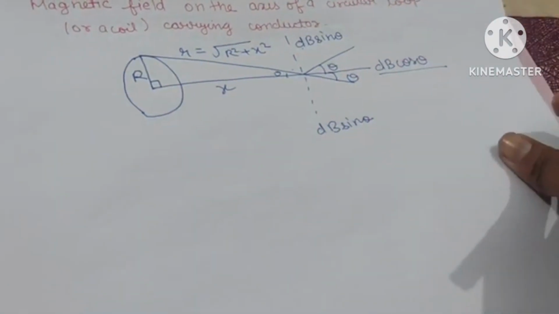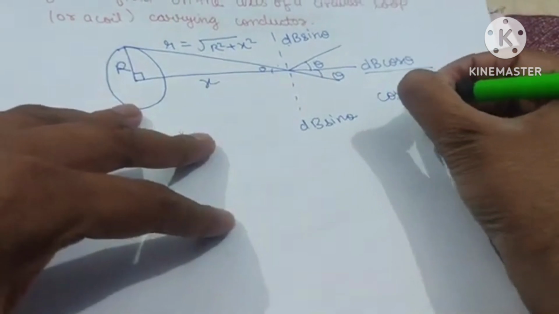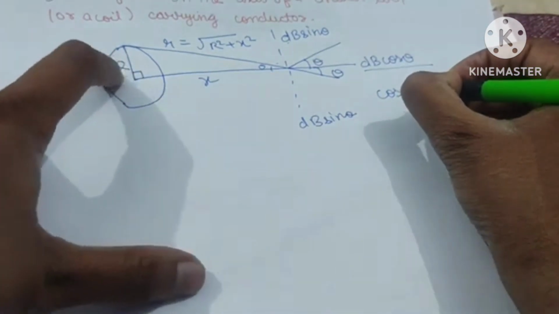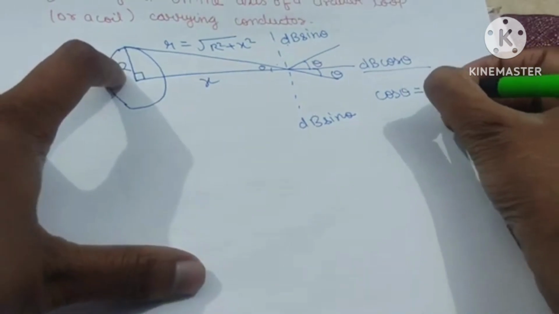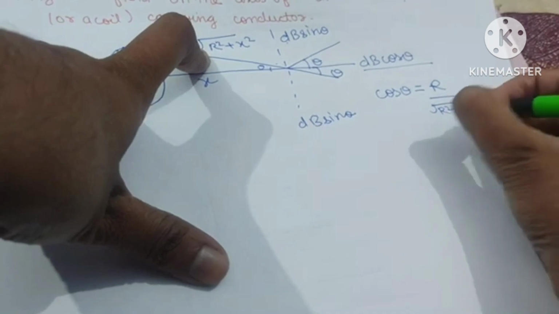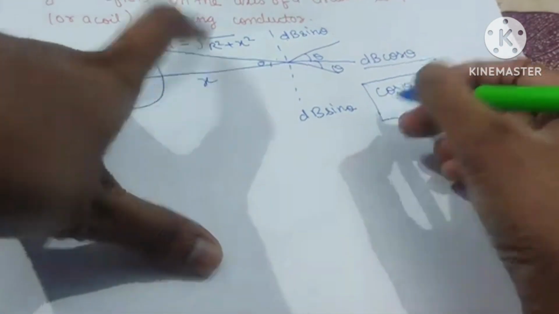First of all, we should know about cos theta. Cos theta is base by hypotenuse. Here the base is R and the hypotenuse is the square root of R square plus x square, so this will be the cos theta we'll use.